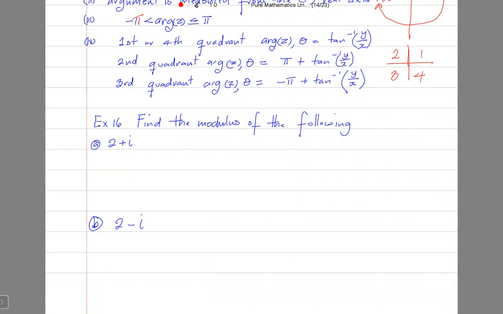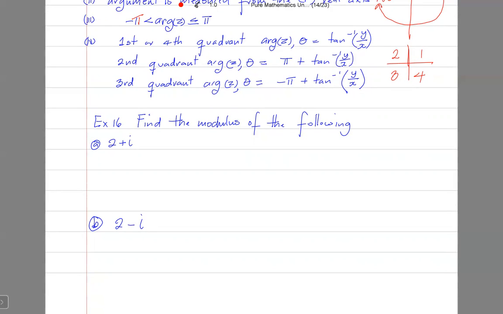No. It's just that in the fourth quadrant, y is negative and x is positive. When you use a calculator in the first and fourth quadrant, it will give you a straight answer.